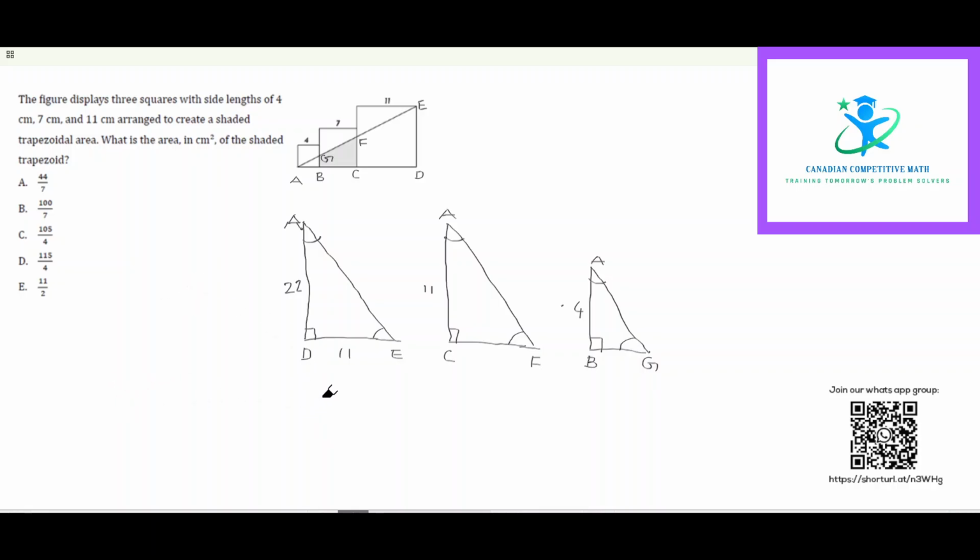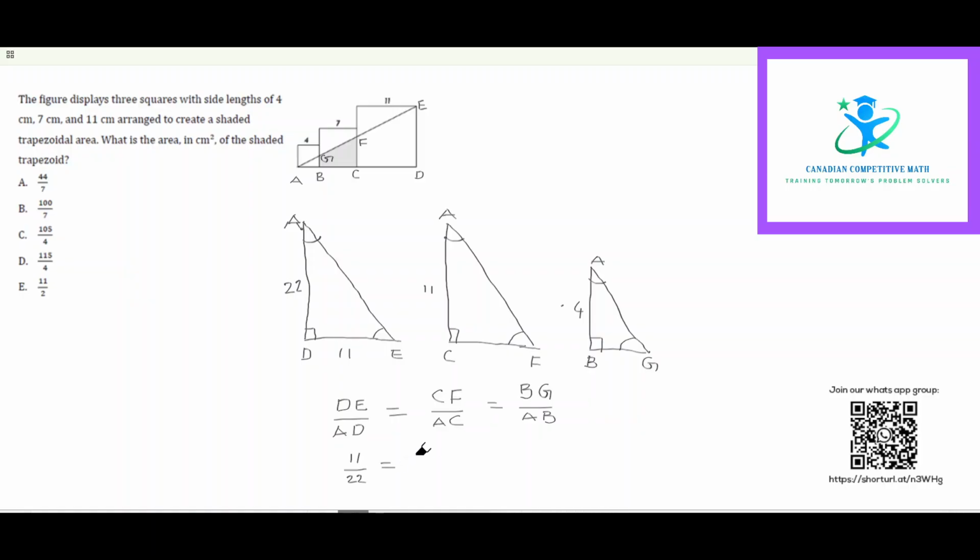From this similarity property, we can write that DE by AD equals CF by AC equals BG by AB. We know that DE is 11, and AD is 22.